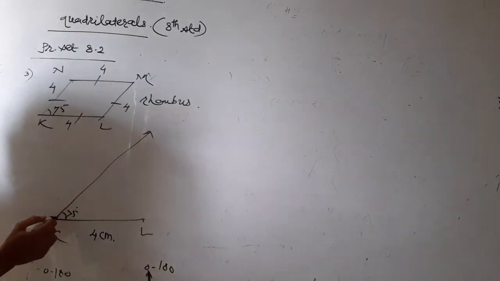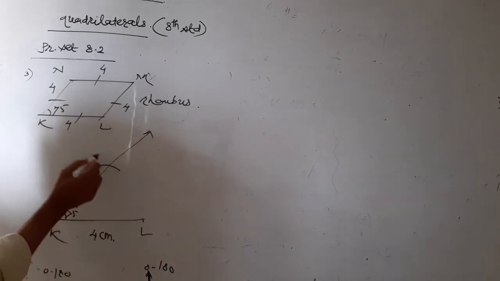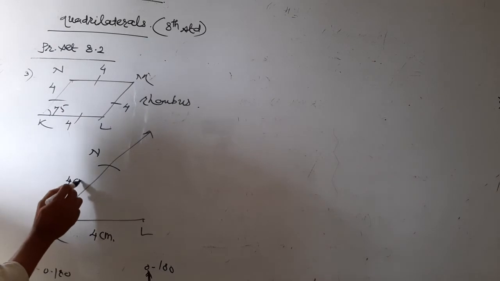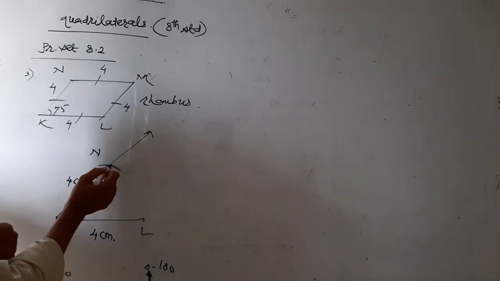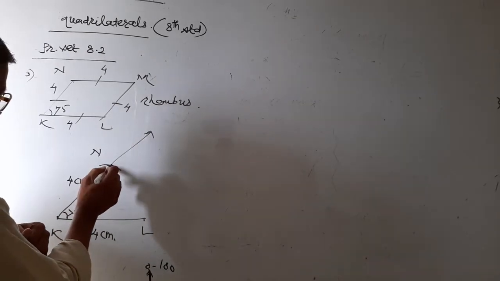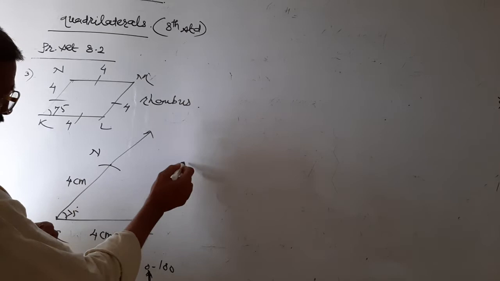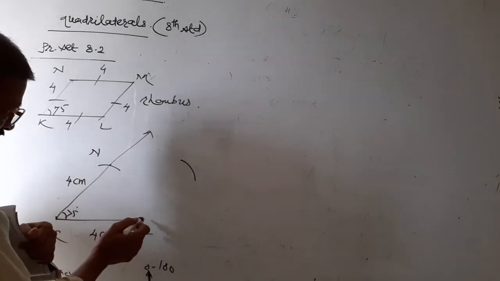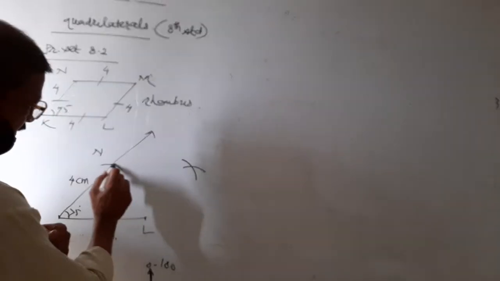Now KN is 4. With the help of compass, take the distance for point N, 4 centimeters. With the help of compass, putting the iron lead on N, 4 centimeters, putting the iron lead on L, 4 centimeters.